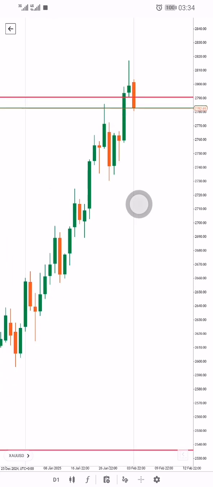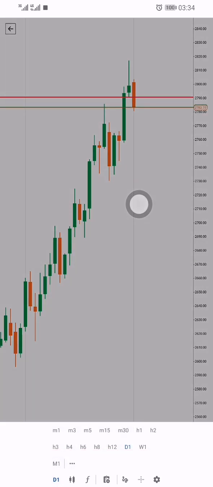So currently, like I've already pointed out, price is in this inefficiency there, and we might see some sort of reaction there, some bullish reaction. So I don't know, but let's switch to the H6 chart and see if there's anything that we can work with in terms of the bearishness there.